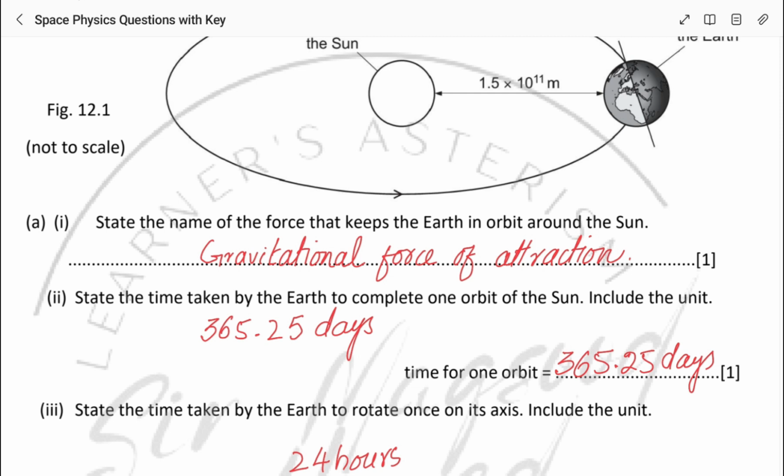A part 2, state the time taken by the earth to complete one orbit of the sun. Include the unit. As we know, our earth completes one revolution about the sun in 1 year, which has 365.25 days. So our answer is 365 1/4 days.